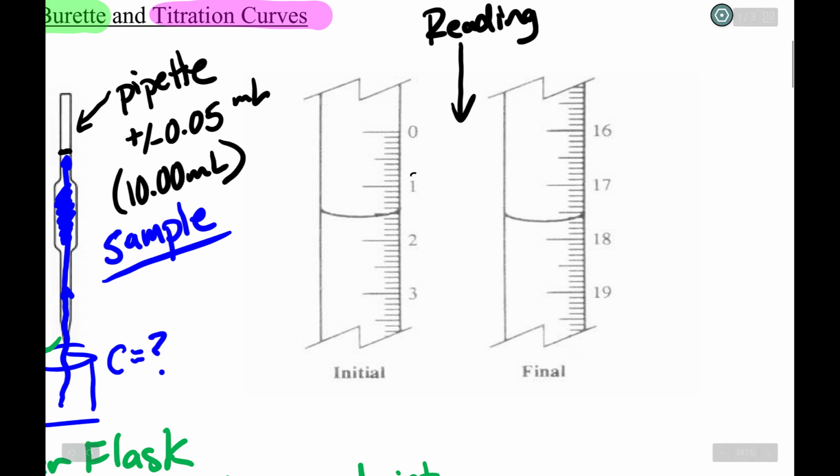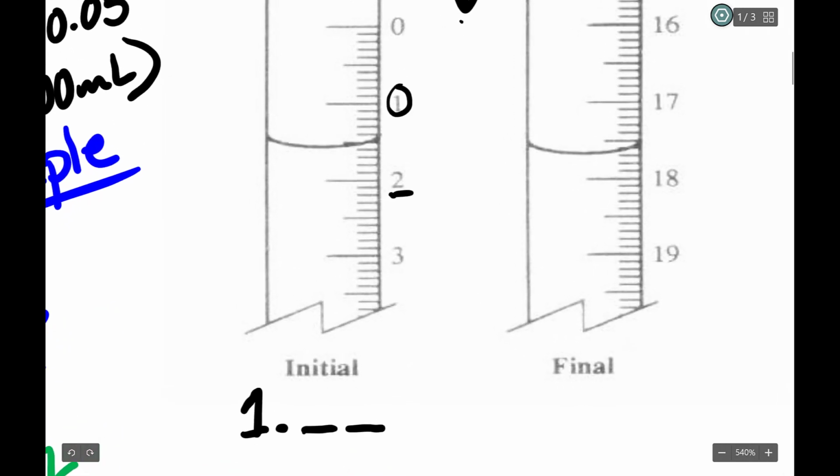So I'd say, all right, my volume is 1 point something something, because I'm reading down and I haven't reached 2 quite yet. Now, generally, you would use a little burette reading card, which would highlight that curvature in that line, making it easier to read. And you should be able to see a line going across your burette.